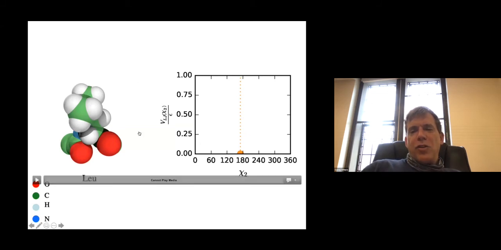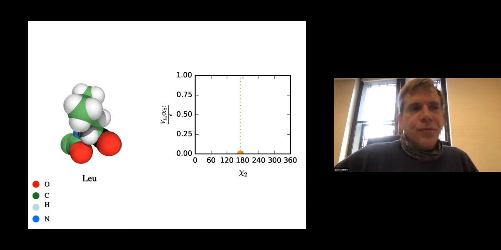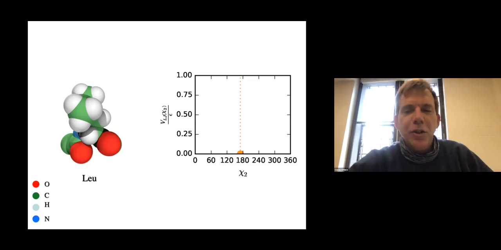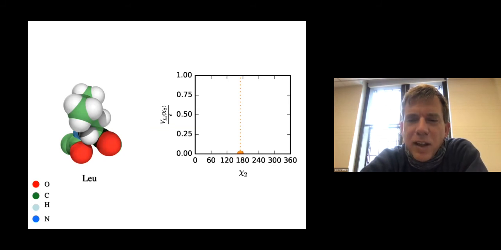The energy is going to go up and down depending on what Chi2 value I select. In this particular map, I'm fixing Chi1 and varying Chi2, but in general I want to do this in a two-dimensional plane and map out the energy surface as a function of Chi1 and Chi2.